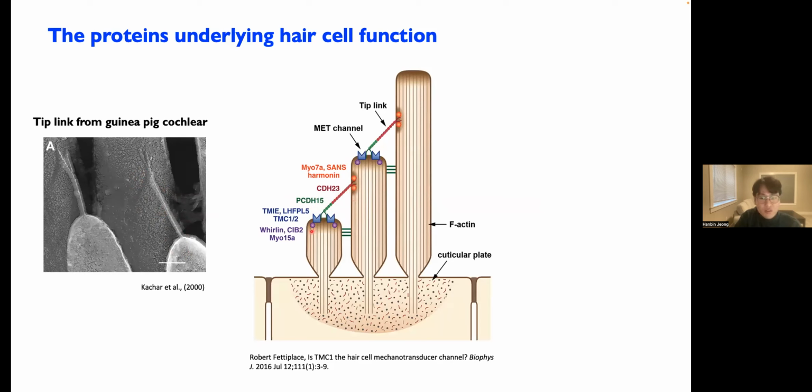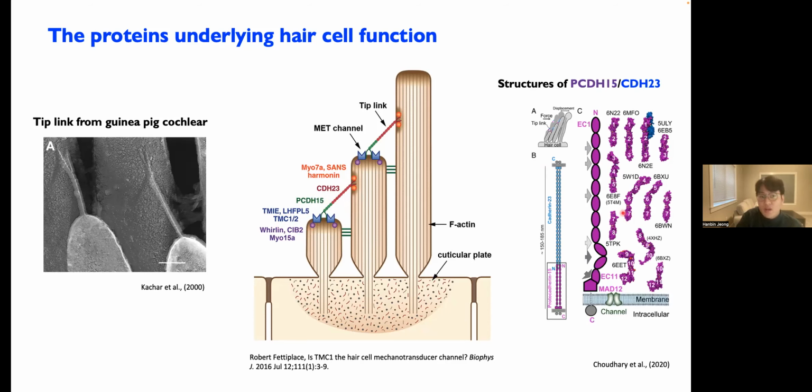There are several proteins in the MET complex, for example, TMIE, LHFPL5, CIB2, and the ion channel protein TMC1 and 2. And we now know that protocadherin 15 and cadherin 23 make the tip link structure with their multiple cadherin domains. We also know the binding interface.